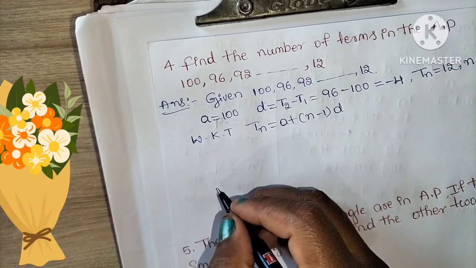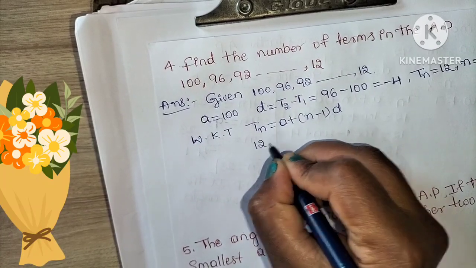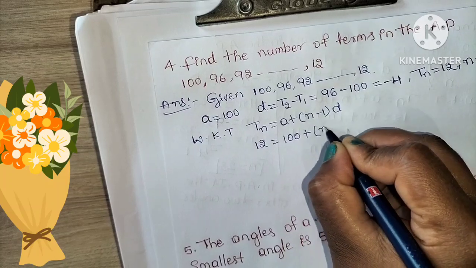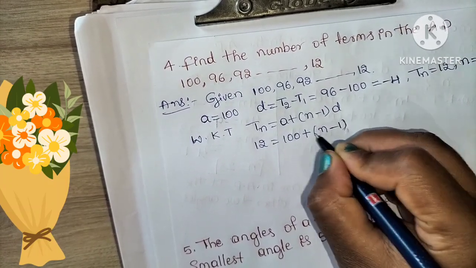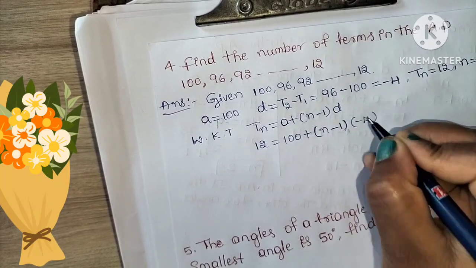Substitute the values into the given equation. What is Tn here? Tn is 12, is equal to a, which is 100, plus n, which we don't know and have to find, minus 1, write as it is. What is d here? The common difference is minus 4.